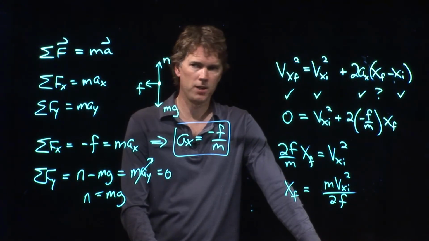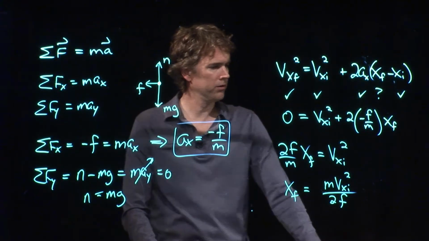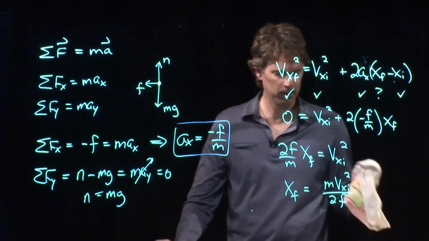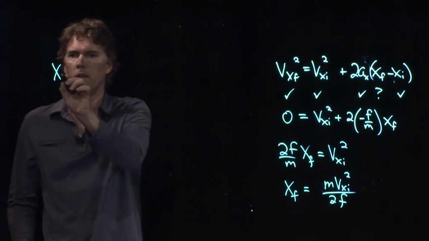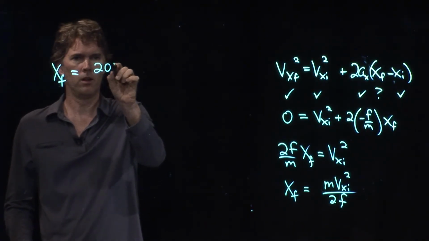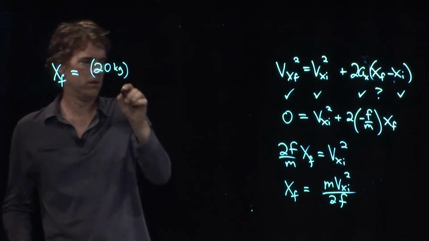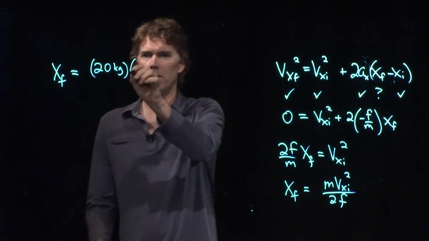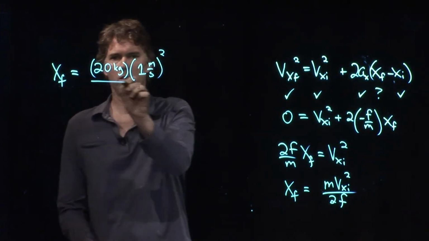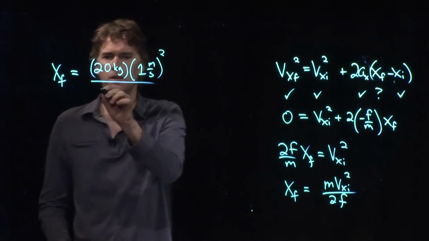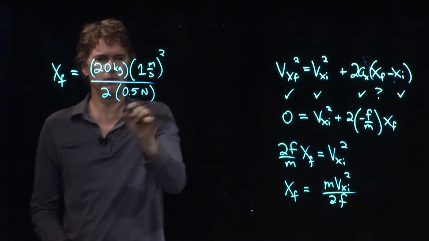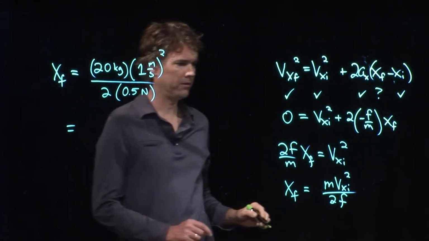And now we can check the numbers with the ones that I gave you. So somebody pull out a calculator and let's try some numbers. All right, I think we had 20 kilograms for M. Our vxi was 1 meter per second. We had a 2, and then we had 0.5 newtons for our frictional force.